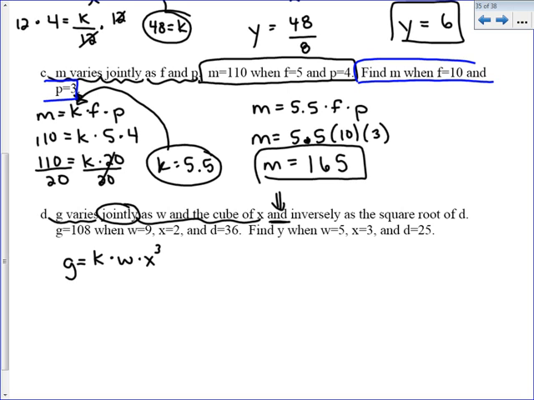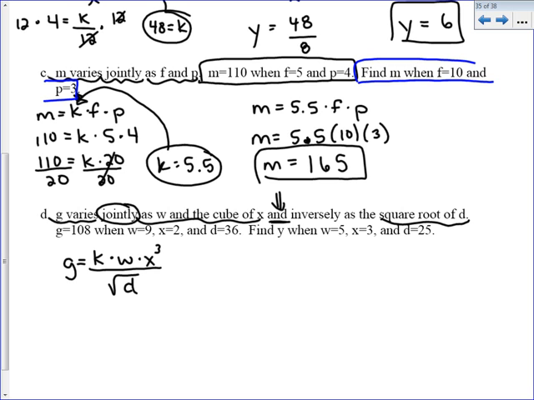What does inversely mean? If you come to an inversely, it's the whole thing divided. Inversely means divide. As the square root of D. That's the square root, the little shelter for the D. Square root of D.